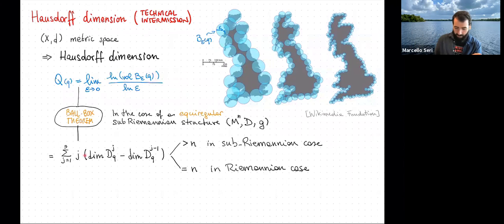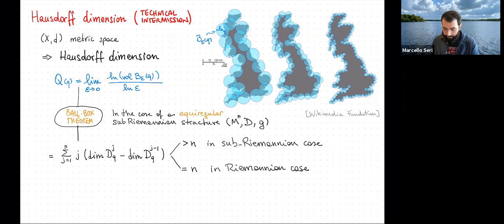And those appear here. And then you find out that the Hausdorff dimension is the sum of j, that is where you have arrived in the gradation of your vector space, so at which step you are, times the difference of the dimension between your step and the step before.